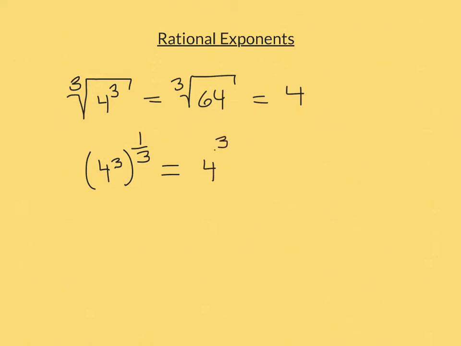So I would get 3/3, or just 4 to the 1. And typically we just drop that 1, and we get 4. So a cube root is a fractional exponent of 1/3. I'll take it to the extreme. If I had x here, and this is index of 5, this equivalently would be x to the 1/5.